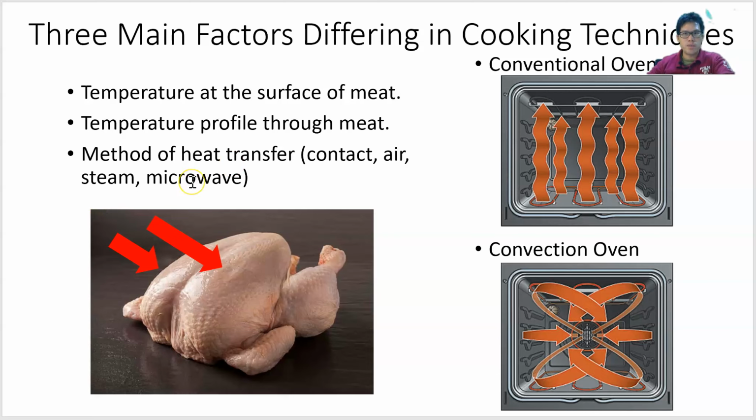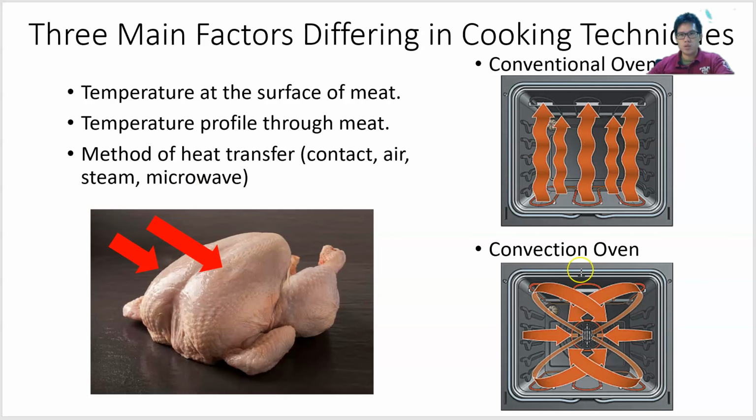Microwave is very special because it cooks by vibrating the water molecules. The region with the highest moisture content will usually heat up first compared to other regions, and usually they cook from inside out for microwave.